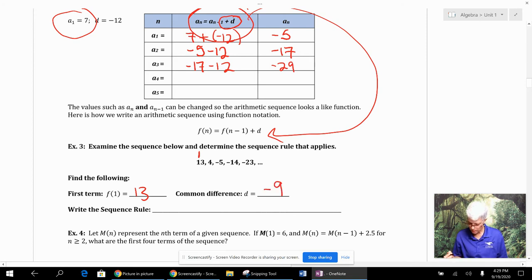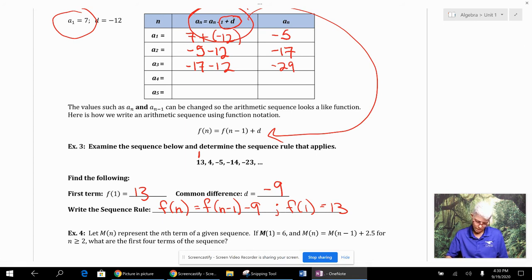So when I write this rule right here, I'm going to write f of n equals f of n minus 1 minus 9. And then we always, always, always state what the first term is, because we need the first term to find the next term. So we'll always state that.